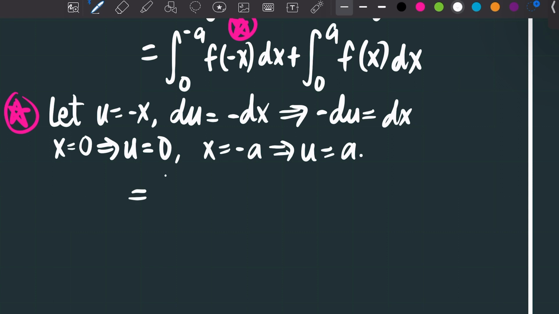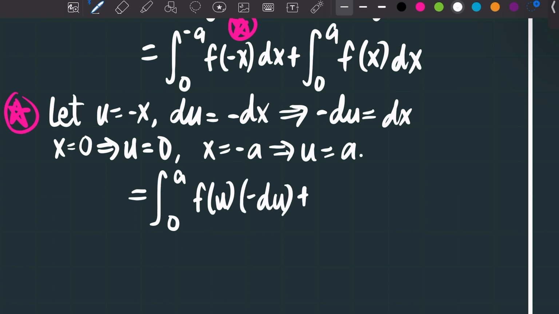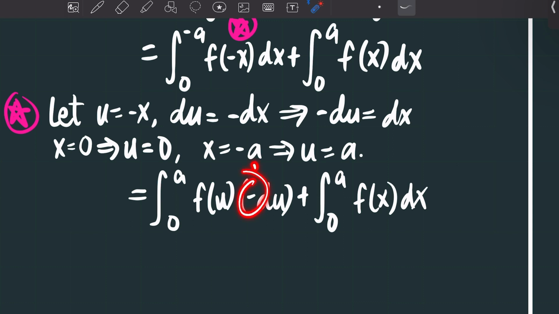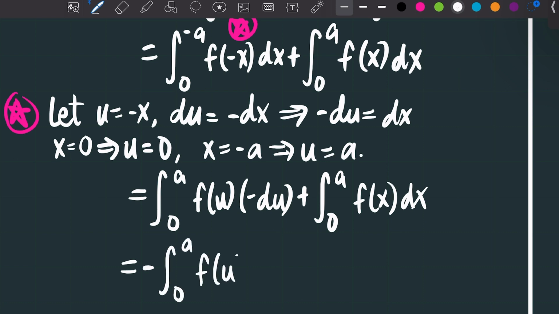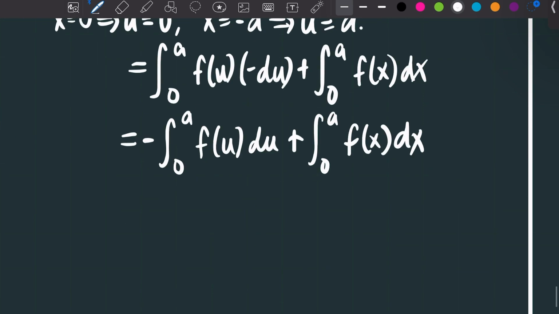So, we get here integral from 0 to a of f of u times yung dx here becomes negative du. So, f of u times negative du plus integral from 0 to a of f of x dx. Since meron kang negative 1 here, pwede mo siyang ilabas. We get here negative integral from 0 to a of f of u du plus integral from 0 to a of f of x dx.